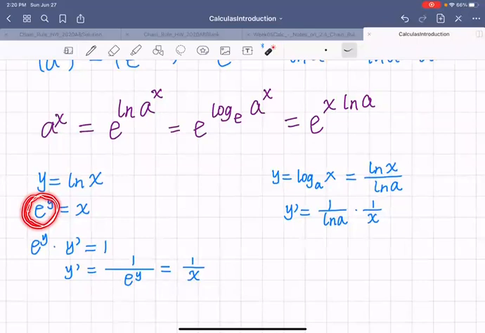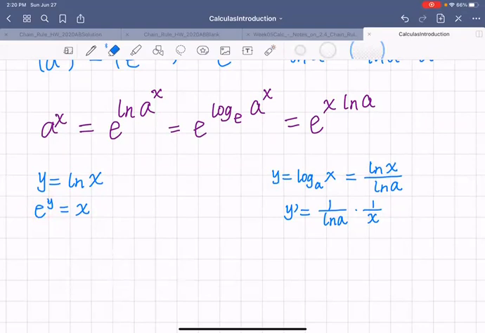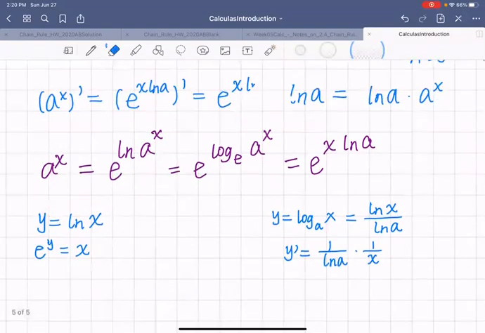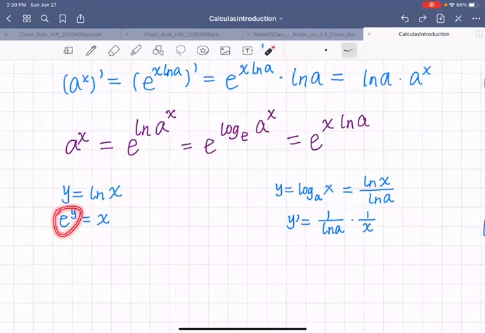The derivative of e to the power of y is e to the power of y, times y prime, because y is not x, so you want to use the chain rule. And on the right, the derivative of x is 1.